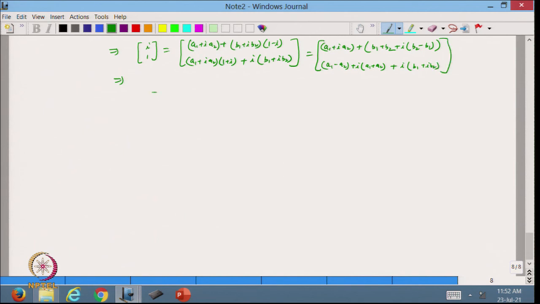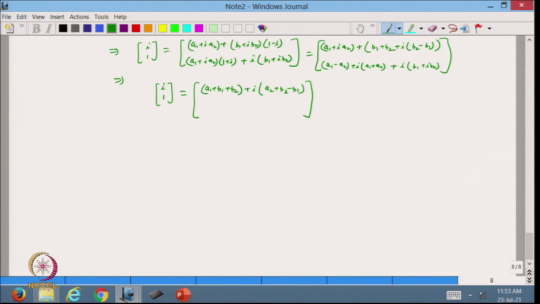If I compare these things, I can write i for the first component. Now, I take the real part and imaginary part separately. It will be a1 plus b1 plus b2, plus i times (a2 plus b2 minus b1).